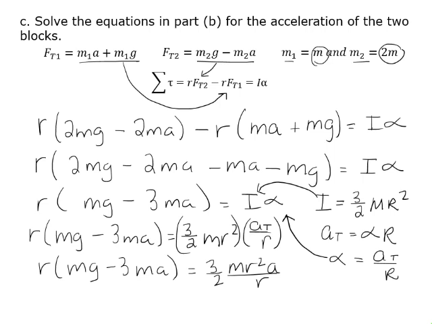On the right side, I can cancel out one of my r's, which leaves me with a single r on both sides, so I can cancel out both of them.